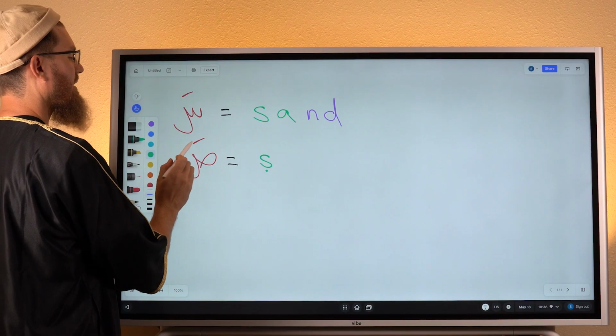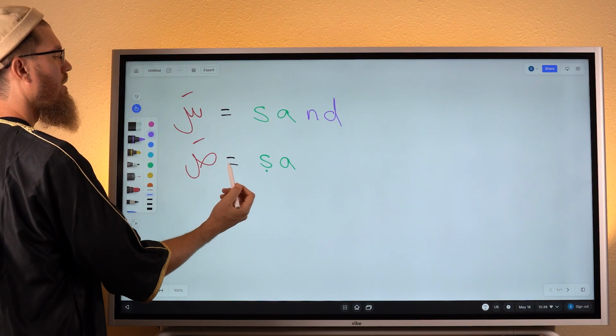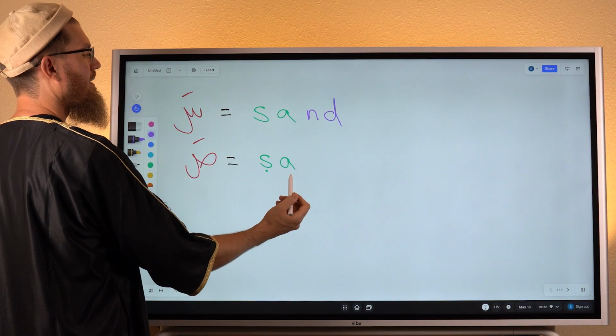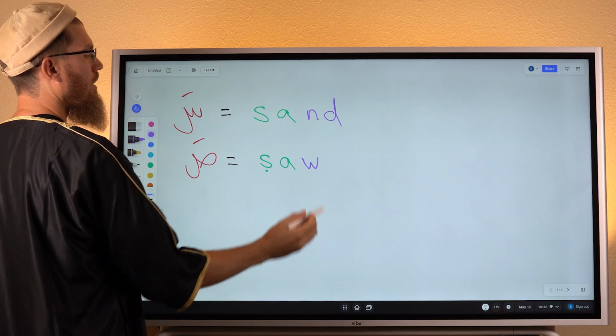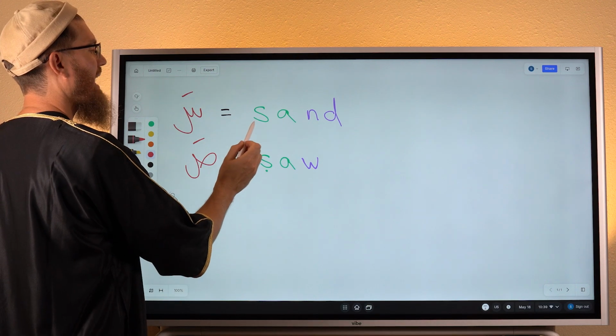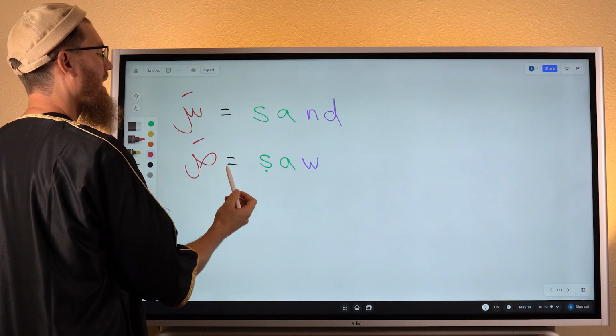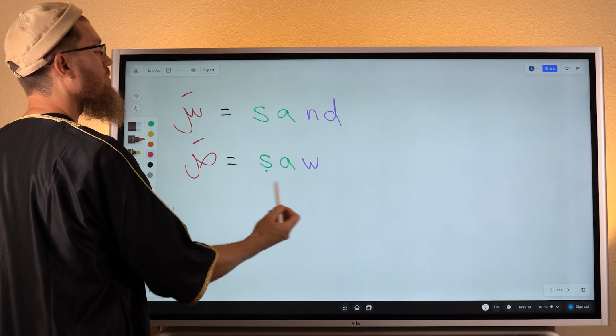However, when it comes to the fetha, along with the letter Sad, we want to pronounce this more similar to the S and A in the word saw. So think about that. Even in English, the way we pronounce the S and A in sand is different than the way we pronounce the S and A in saw.